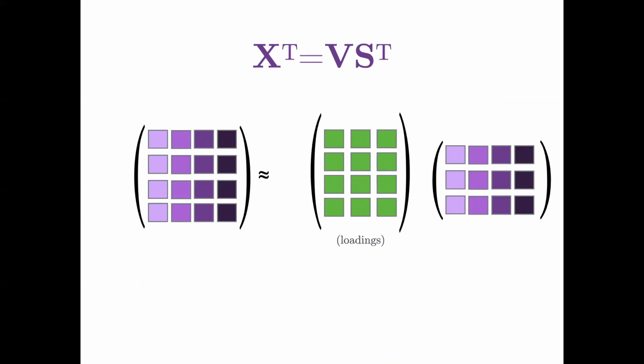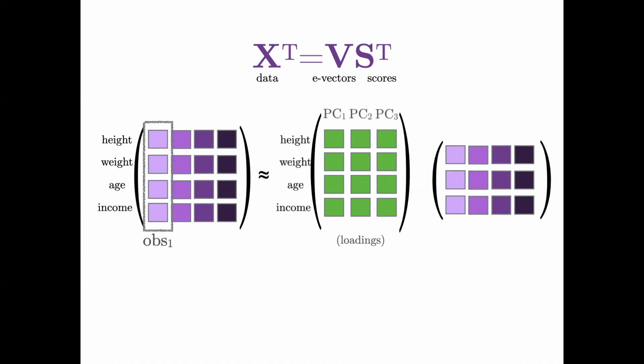The first one, when I write X transpose equals V times S transpose, I'm talking about the observations of my data in columns. Because most commonly, this is how we have liked to think about matrix multiplication, where each observation now is a linear combination of scores and loadings. Right?